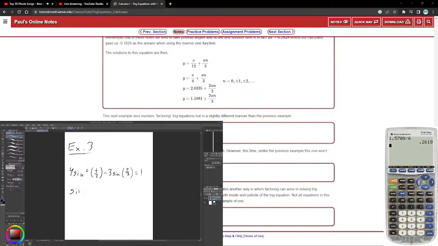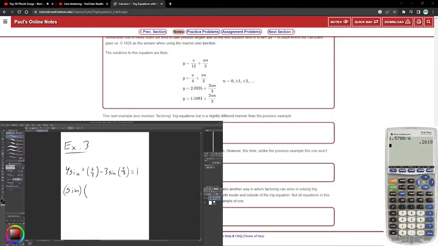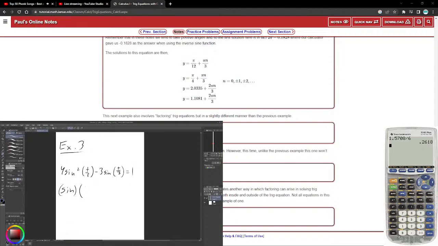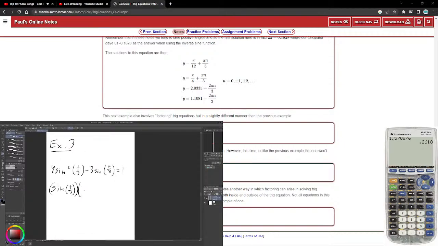So take a sine t over 3 out. That would leave 4 sine t over 3 minus 3.